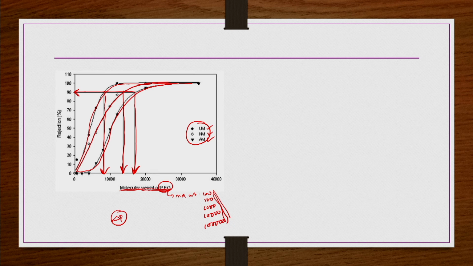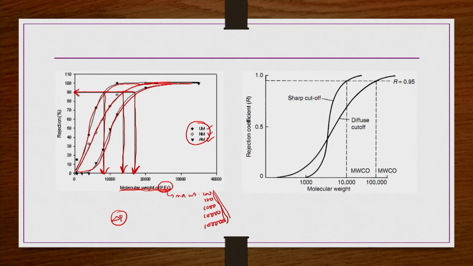Further, here these molecular weight cutoff curves are almost similar in nature, but not necessarily are they of this shape only. They can be very diffused, they can be very sharp as well. Let us say here in the other picture, we have 2 curves. One is a very sharp curve, and another one is a very diffused curve.